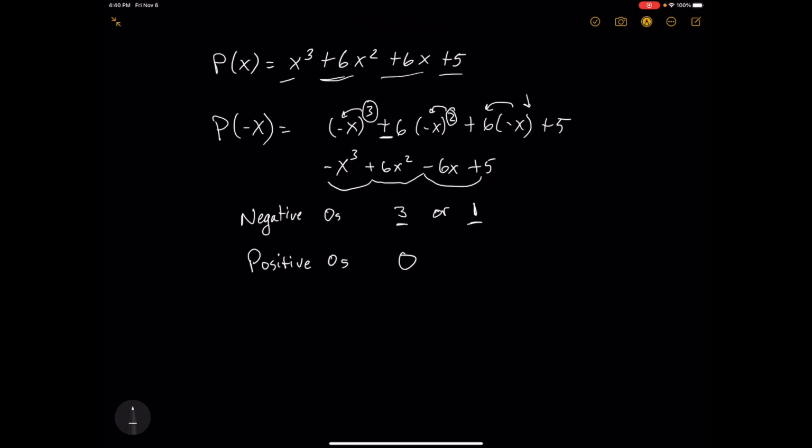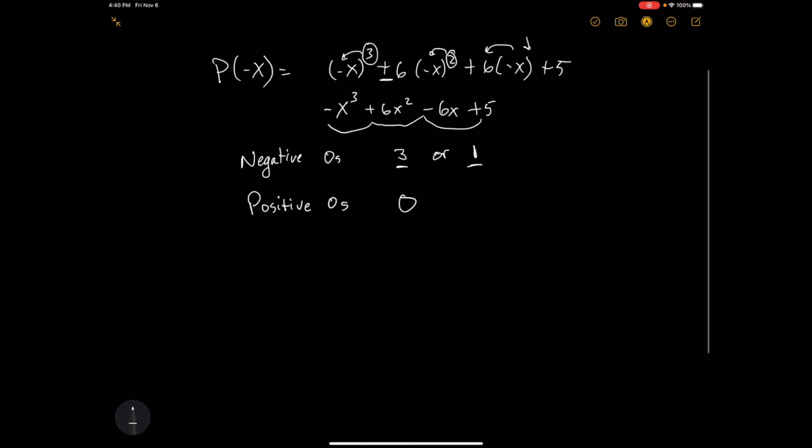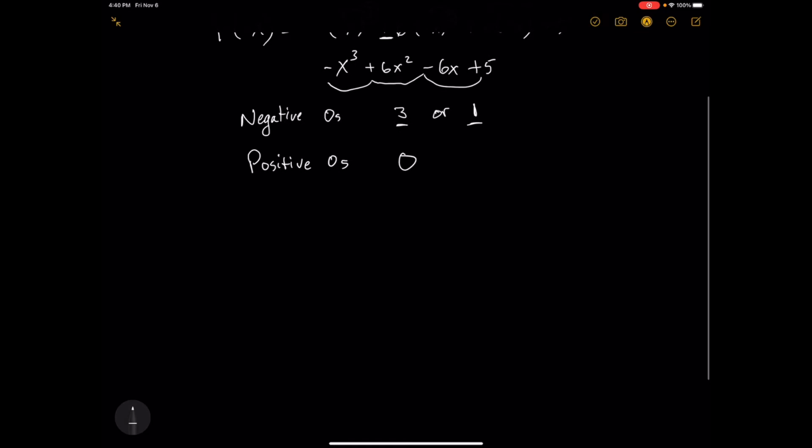And so the way that I then figure out combinations of imaginary zeros is I look at my highest degree, which in this case, this cubic function is going to be a 3, right? When I'm looking at positive zeros, negative zeros, and imaginary zeros, they all need to add to 3 because it's a cubic function. If it's x to the 4th or x to the 5th, they would have to add to 4 or 5 respectively, right?